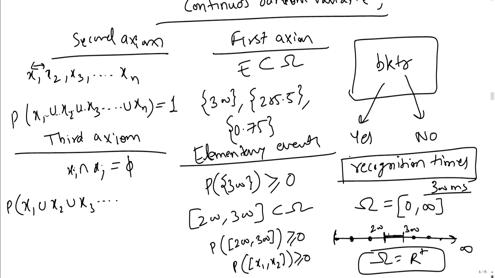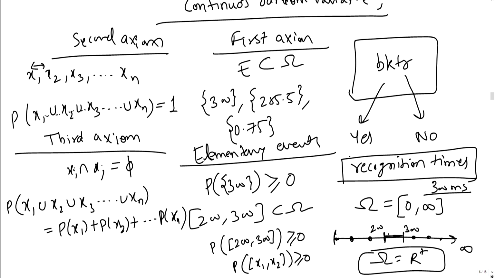In this case, we can make this statement at least for elementary events: all the elementary events are mutually exclusive. So, you can write that the probability of the union of elementary events would be equal to the summation of their individual probabilities. That is what the third axiom says.